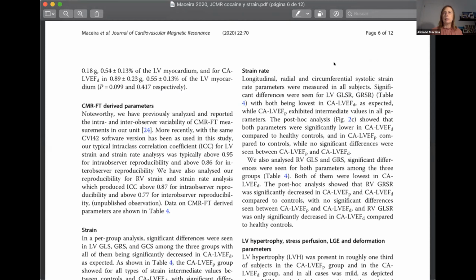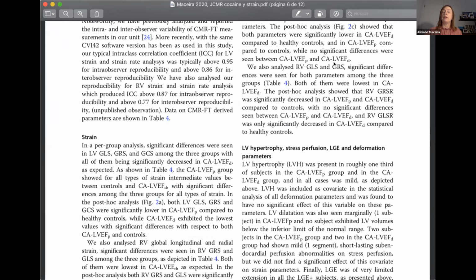Something similar happened with the dyssynchrony index: cocaine addicts with preserved ejection fraction had intermediate values between normal subjects and cocaine addicts with depressed ejection fraction. There were no differences in late gadolinium enhancement, in left ventricular hypertrophy, or in stress perfusion in the group of subjects in which we had carried out a stress perfusion at the beginning, 4 years ago.